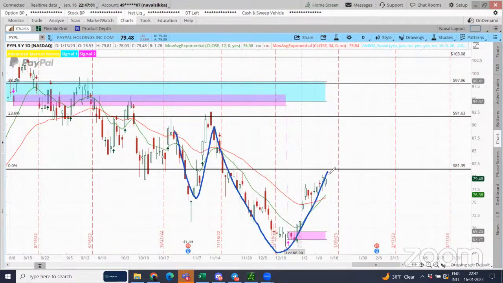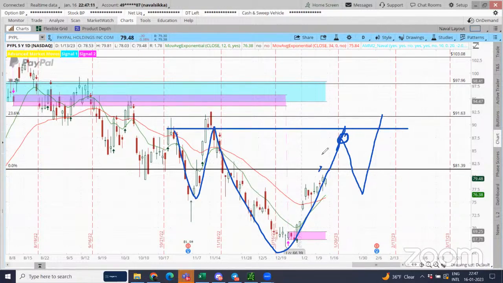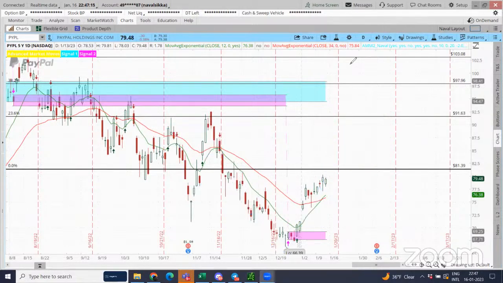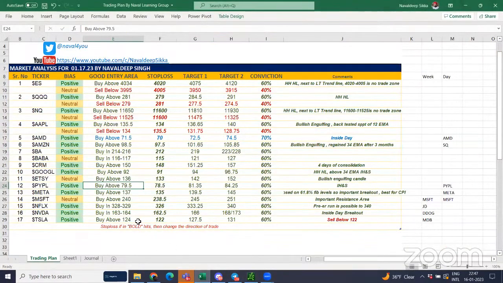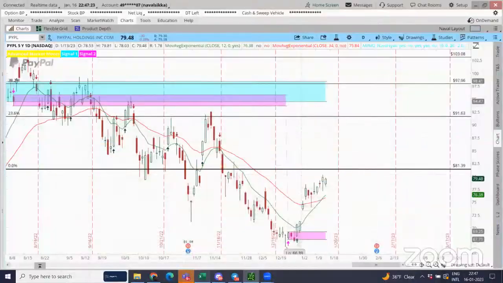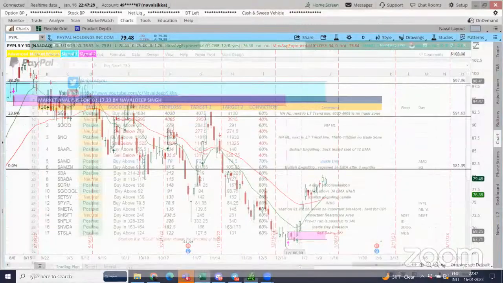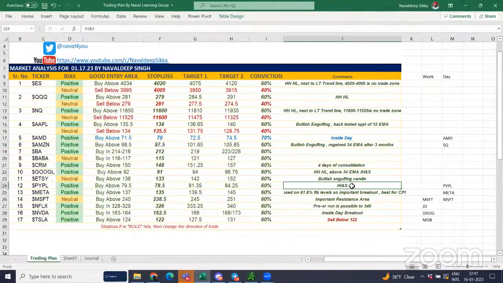Maybe it will go one more time to 87, come back and then go higher, but there is potential towards this so that it can make the neckline, right? So 87, 90 is a good potential for PayPal. It closed right on that range, so nothing changes, but it is an inside day.